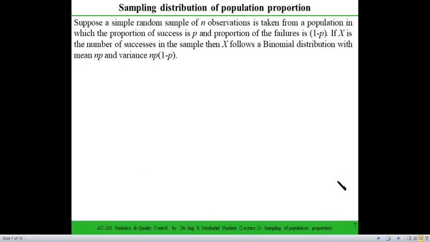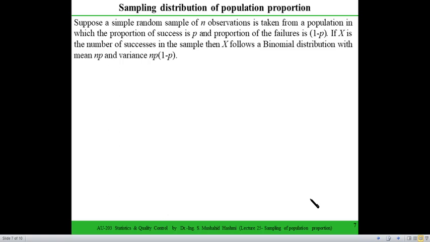Okay, suppose a simple random sample of n observations is taken from a population in which the proportion of success is small p. So small p is just like x as a random variable. When you're talking about mean values, x bar is the sample mean and mu is the population mean.